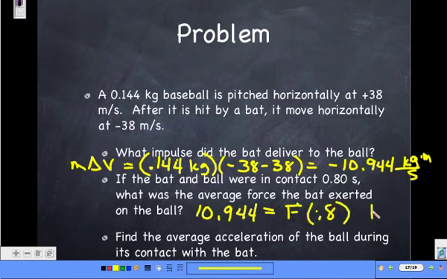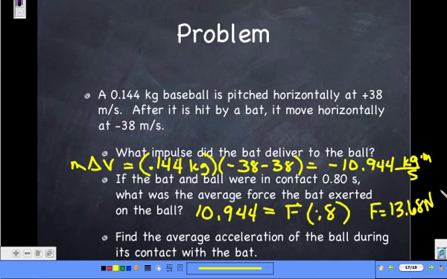So what's our force? And I dropped the negative just because we don't need a direction on this. 13.68 newtons. Because that's just direction.